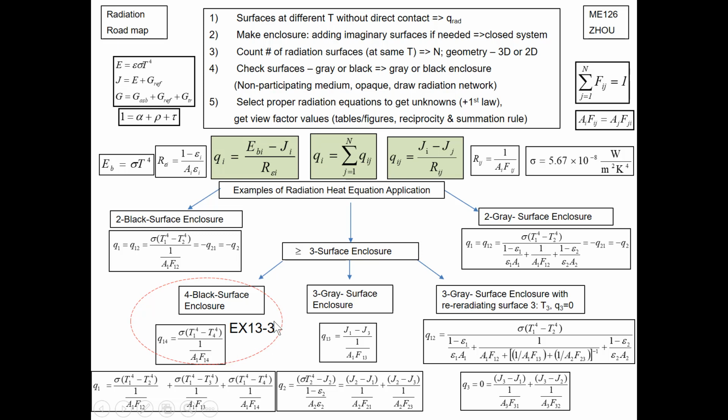For our case, it is 4, black surface enclosure. Therefore, these 2 equations were selected for Q1 and Q13, where 4 is replaced by 3. The rest of the equations will be discussed later.